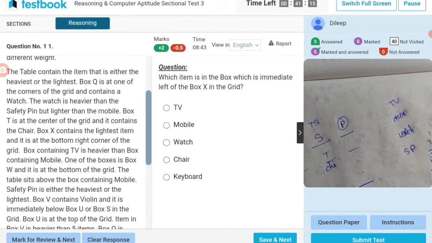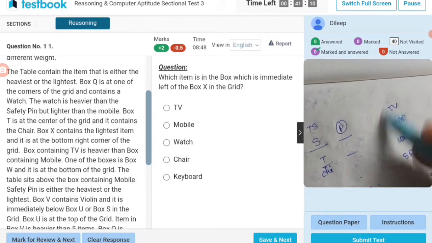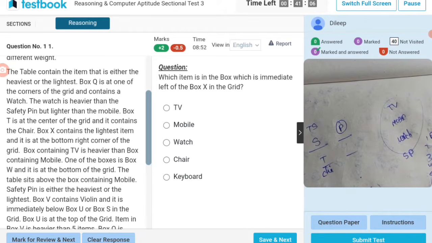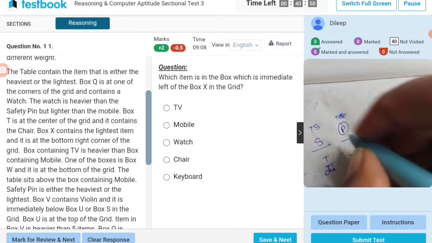Safety pin, and is at the bottom of the grid. So table above the mobile.